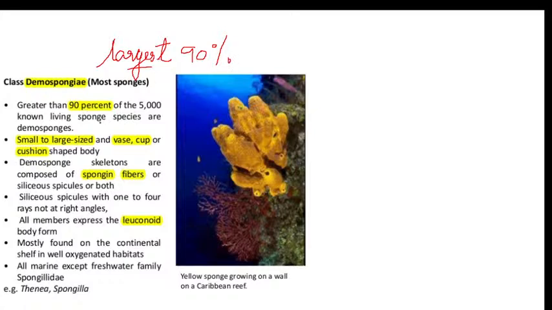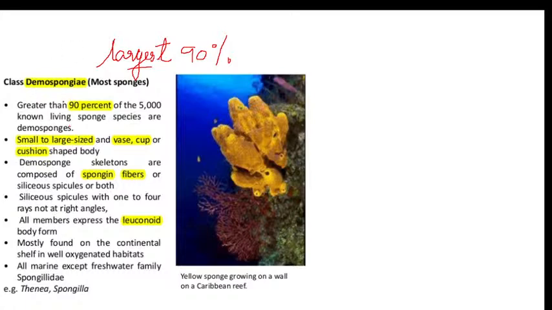Greater than 90% of the living sponges, the extant sponges. Extant means those which are found now; the opposite of extant is extinct. So 90% of the sponges existing now come under class Desmospongiae.